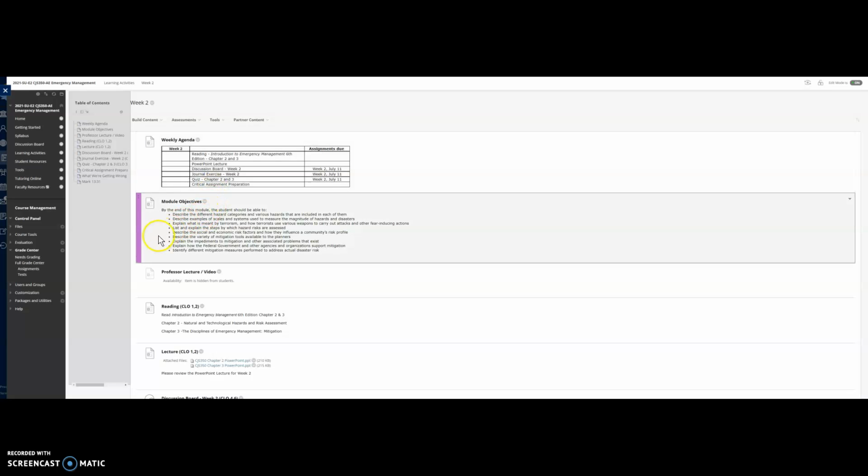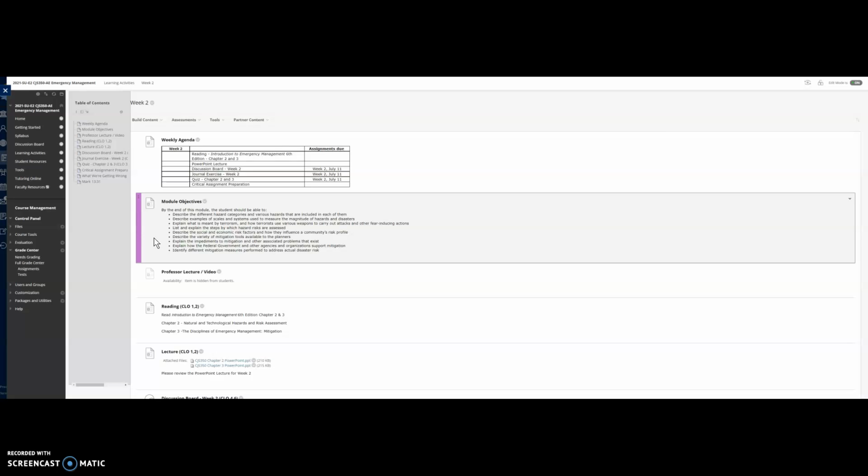So our module objectives: by the end of this module, chapter 2 and chapter 3, you'll be able to describe the hazard categories, along with the hazards included in each of them. You'll be able to describe the scales and systems used to measure the magnitude of hazards and disasters, as well as what is meant by terrorism.